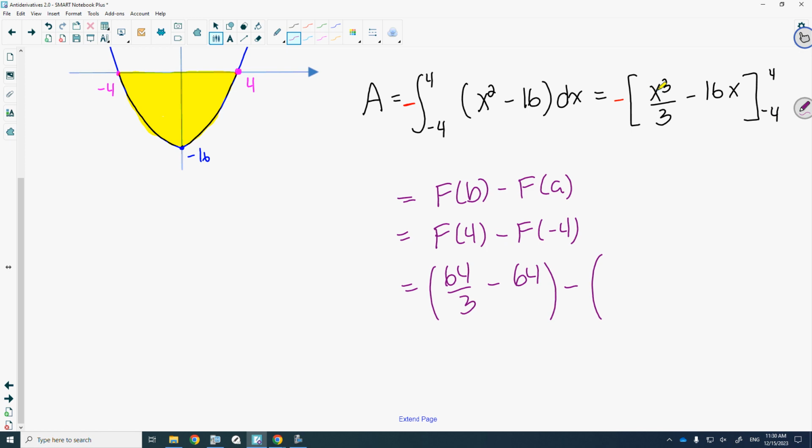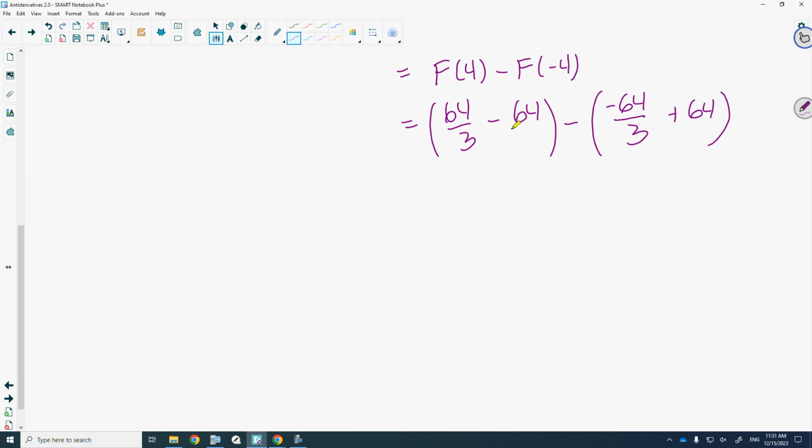So negative 4 cubed will give me negative 64 over 3. Negative times a negative will give me a positive 64. Don't worry about getting common denominators here, and I'll show you why. You're going to hope that something will cancel, and will it cancel? Maybe they won't, but let's see. So 64 over 3 minus 64. Distribute that negative in. That will give me plus 64 over 3 minus 64.